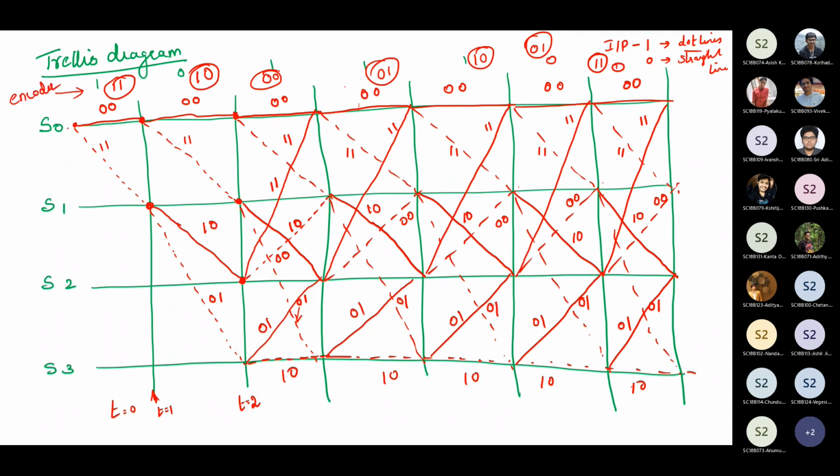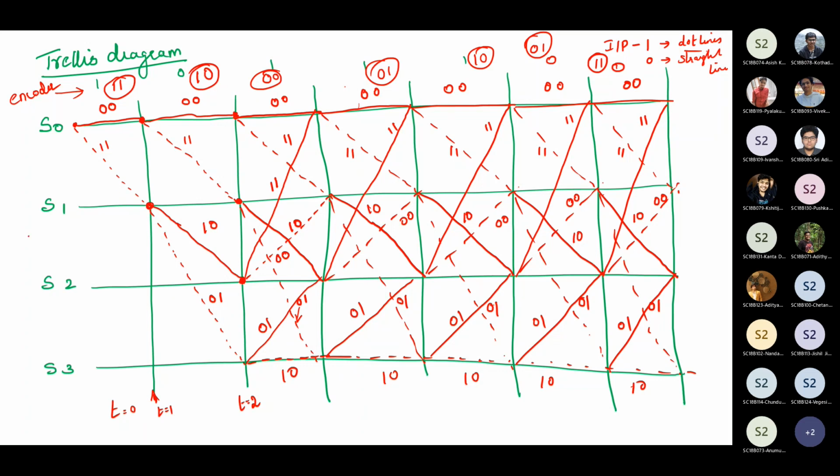So your channel is what? Binary symmetric channel. In the binary symmetric channel, whenever we are transmitting 0 or 1, if the error is more, it will flip the 0 to 1 and 1 to 0. Okay. So we will introduce some error here and see how the trellis diagram is used for decoding with the concept of the minimum distance decoder.